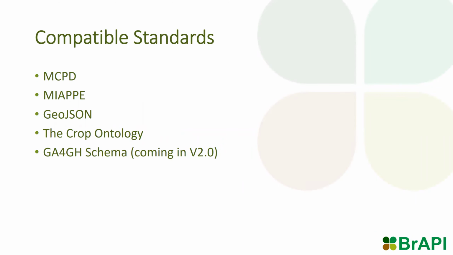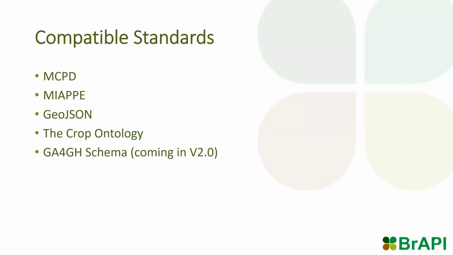All right. These are the compatible standards that are connected to BrAPI right now. We are compliant with the MCPD passport data, MyAPI. For location-based things, we have GeoJSON set up.